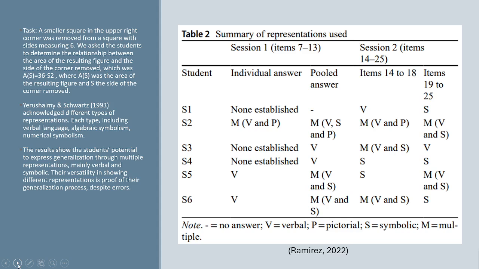And so here was a task. A smaller square in the upper right corner was removed from a square with sides measuring 6.